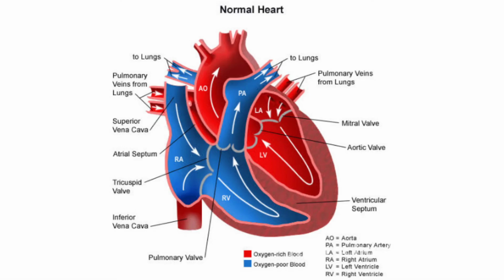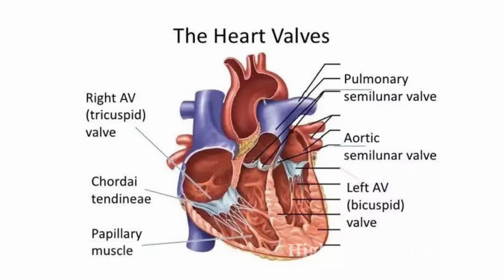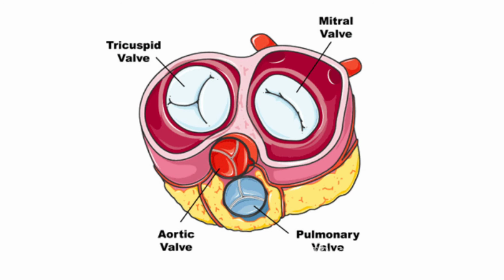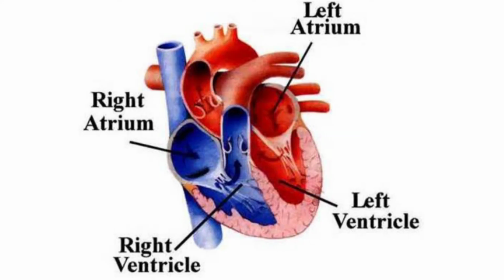Their apertures are not guarded by valves. The interauricular septum prevents the mixing of pure and impure blood in the auricles. The two auricles have relatively thin walls and their contraction power is sufficient to pump blood into the ventricles.